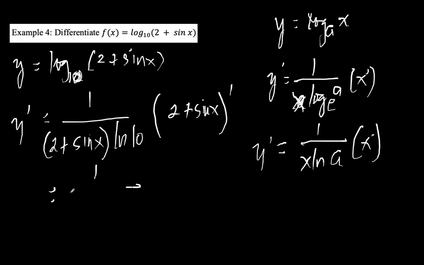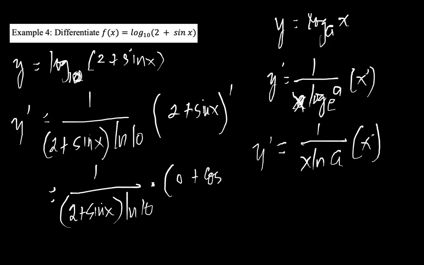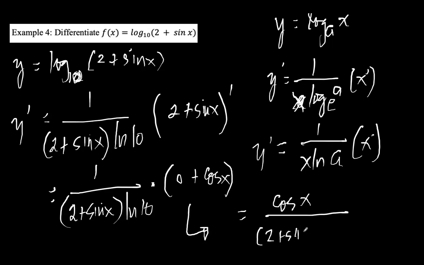So we have 1 over 2 plus sine x times the derivative of 2 plus sine x, that's cosine x over 2 plus sine x, ln 10. So this is our final answer, all right, for method 1.